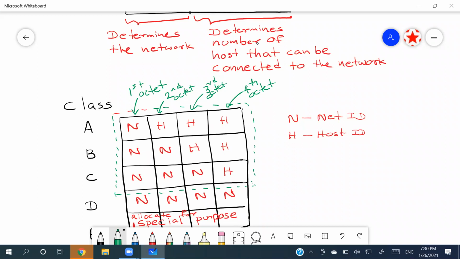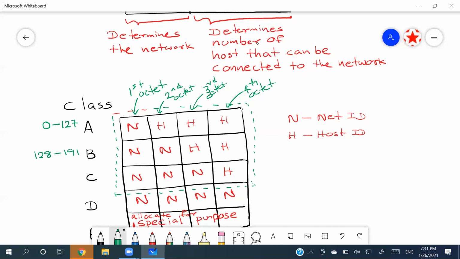Right? And I want you to write the ranges as well at the left hand side. So next to class A, write 0-127. Class B range 128, 191.